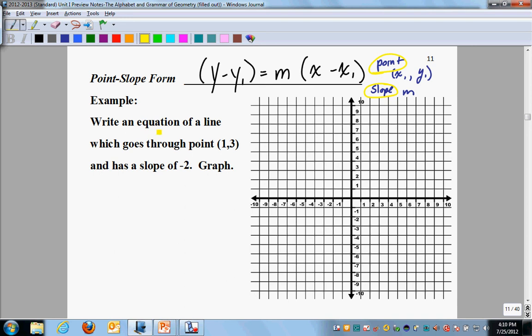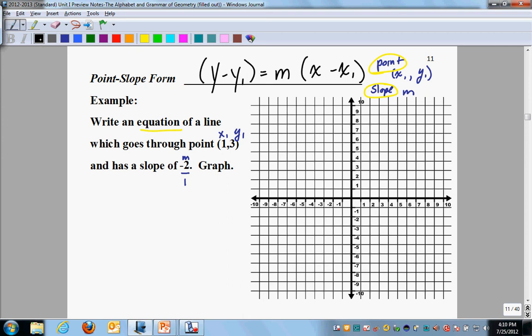So it says right here, write an equation of a line that goes through the point 1, 3 and has a slope of -2. We're going to graph. It's actually really easy to graph this. So our x1 is 1, our y1 is 3, and the slope, which is our m, is -2, technically -2 over 1.